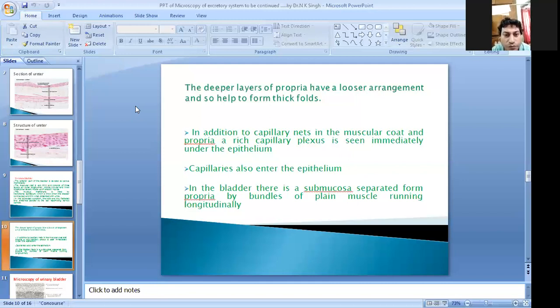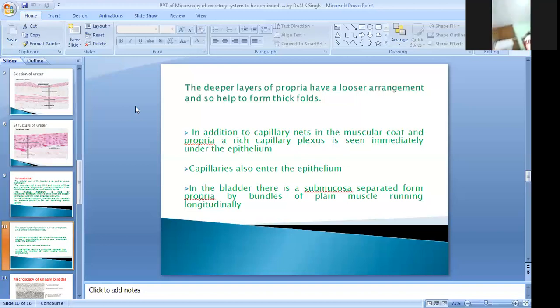In addition to capillary nets in the muscular coat and propria, a rich capillary plexus is seen immediately under the epithelium. As I have already described earlier, below the transitional epithelium there are some capillaries, and those capillaries penetrate inside the transitional epithelium.